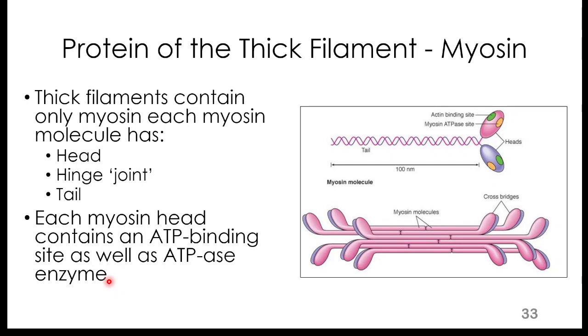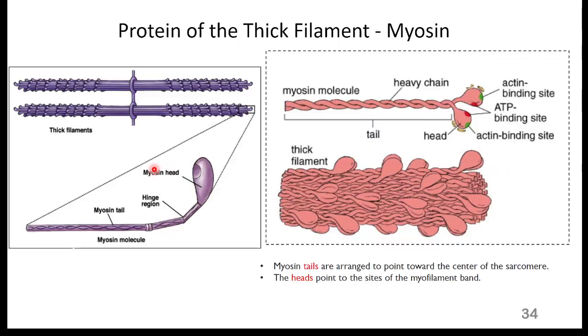Because we know that muscle contraction requires energy, and this energy is supplied in the form of adenosine triphosphate, and so there's also an enzyme, the ATPase, on the myosin head, which will break down the ATP molecules to generate the necessary energy.